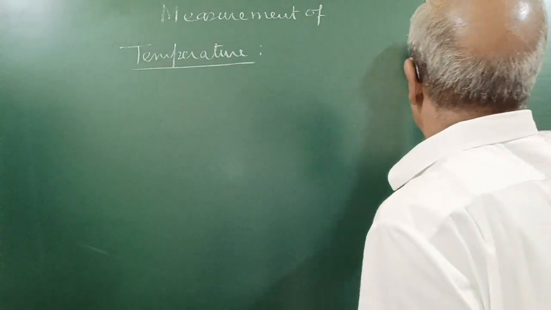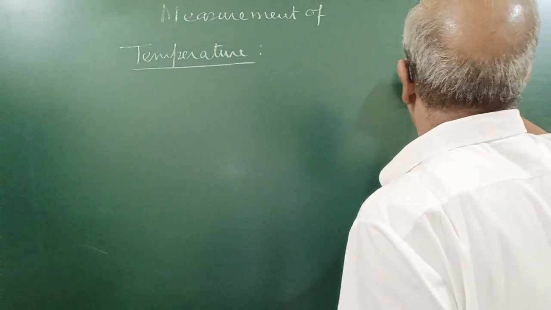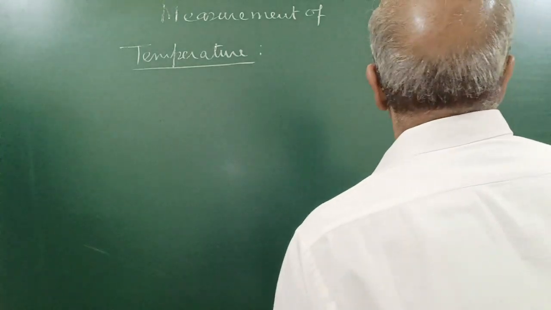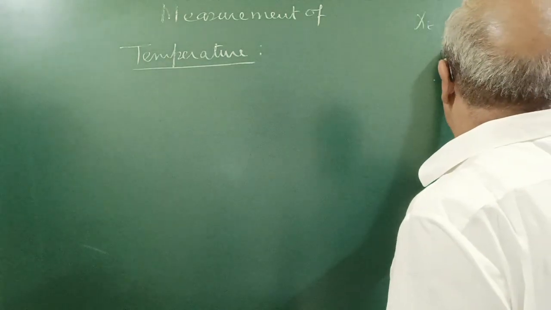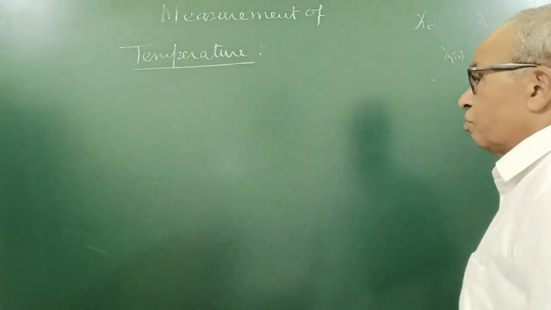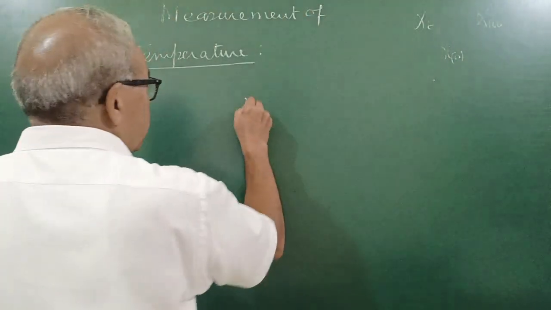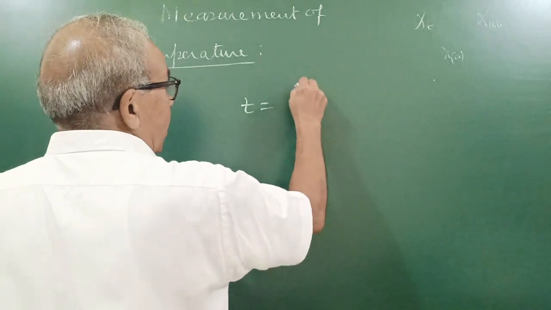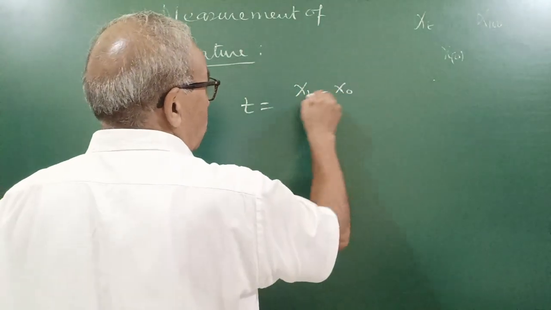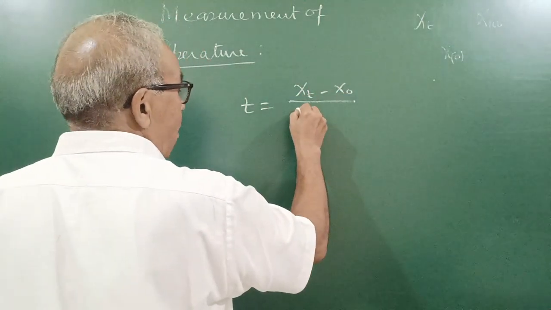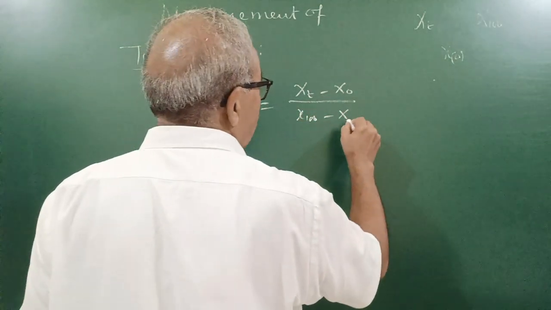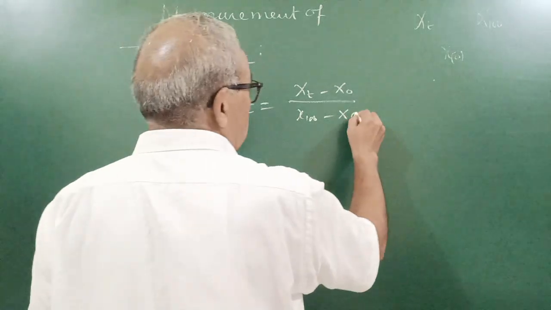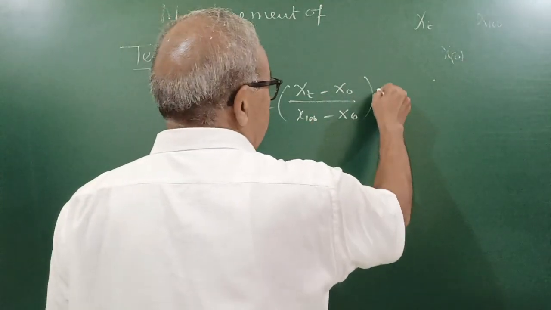If we let xt be the thermal property at temperature T, and x100 and x0 at 100 degree centigrade and 0 degree centigrade, then T = (xt minus x0) upon (x100 minus x0) into 100 degree centigrade.